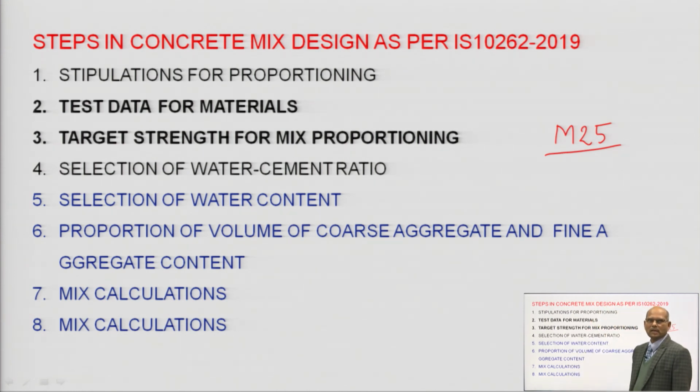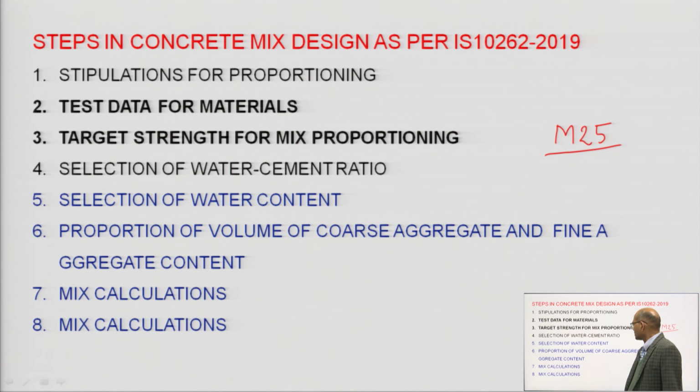Then we have the selection of water cement ratio. The water cement ratio is a very important parameter in design, because the water content is responsible for your workability. Okay. And the amount of cement is also required for the strength. So, the water cement ratio determines the strength parameter.